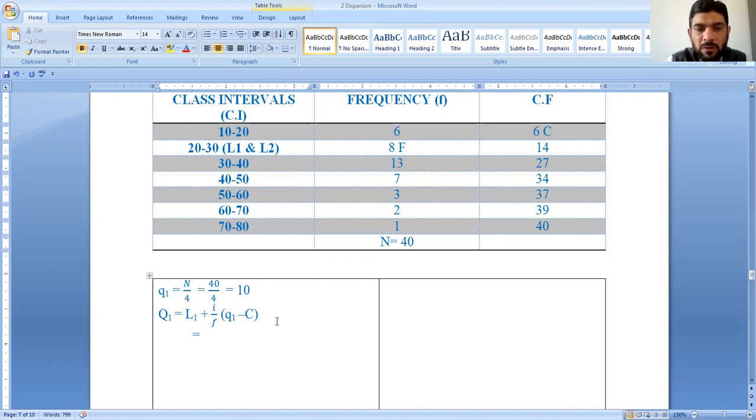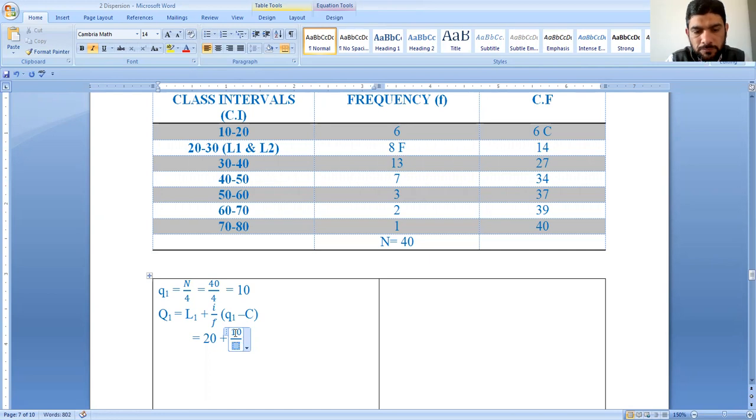So now we have to apply all these values. Q1 is L1, that is 20, plus i upon f, where i is the gap between the class interval, the difference of larger limit and smaller limit, that is 10.